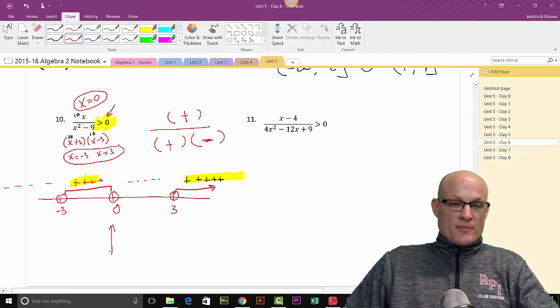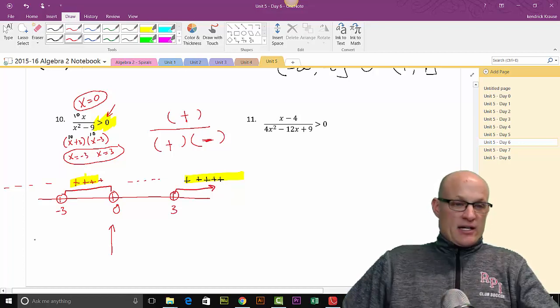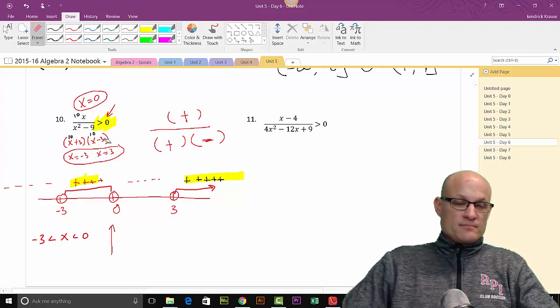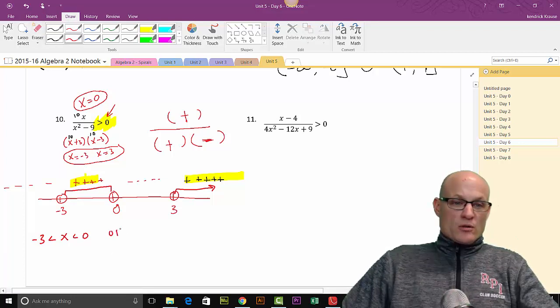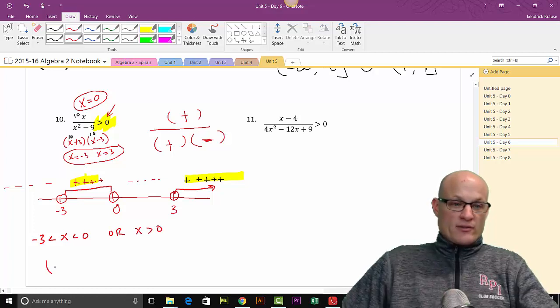Arrow in that direction. So my answer is negative 3 less than x less than 0, or x is greater than 3. And in interval notation, parenthesis, negative 3, 0, parenthesis, union, 3, comma, infinity.